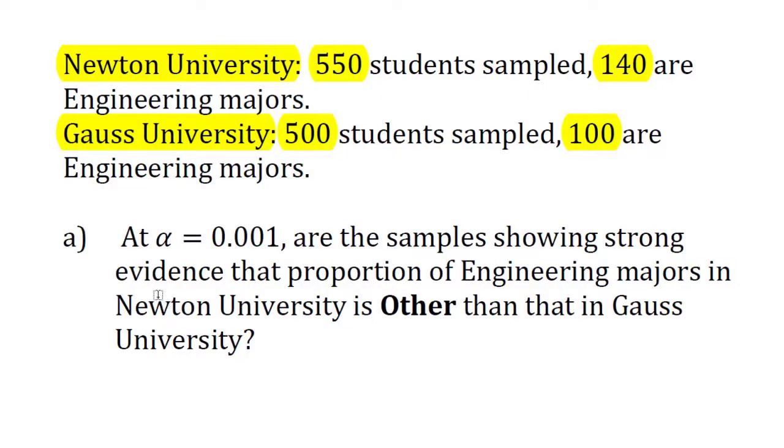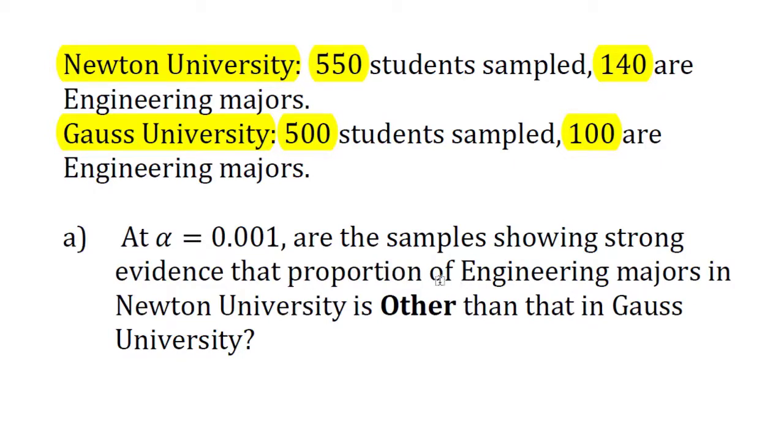And so now getting into the actual part A of our current example, let's look at the wording as follows. At given significance level alpha equals 0.001, are the samples showing strong evidence that the proportion of engineering majors in Newton University is other than that in Gauss University? So in this particular problem, the wording is making it quite obvious.